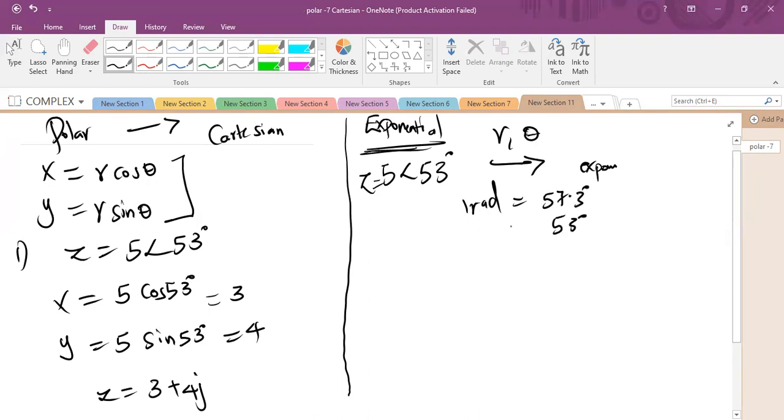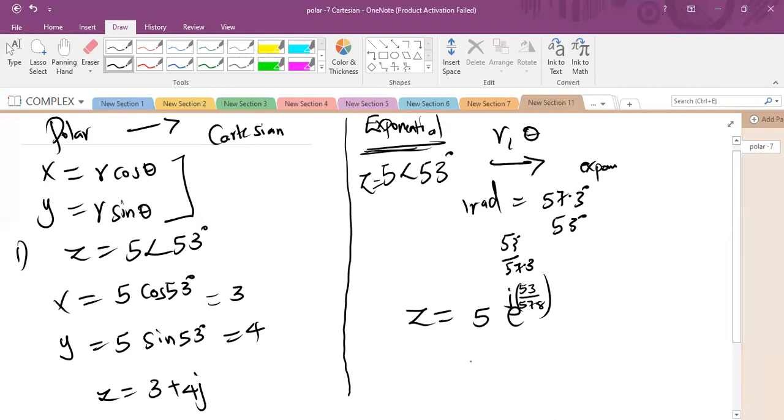That will be 53 divided by 57.3. Then your answer in exponential will be r, which is 5, e to the power j theta. And your theta is 53 over 57.3. You simplify that. So basically just writing this in rads will give you your answer.